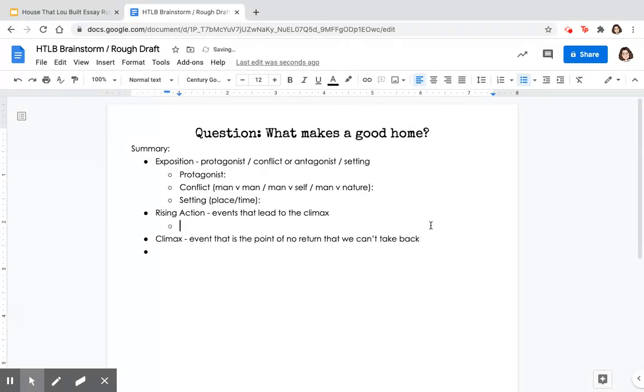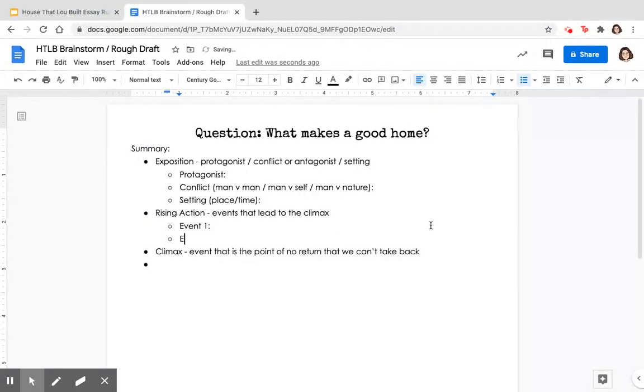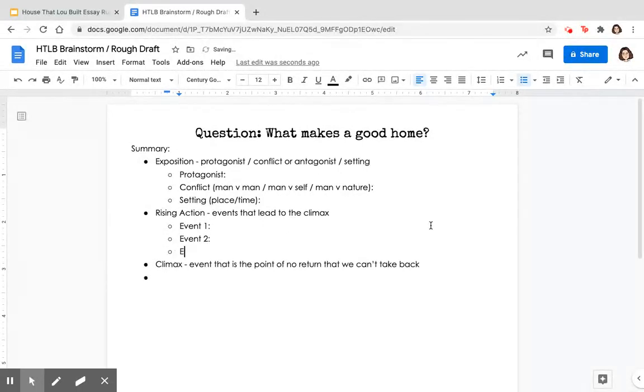When you think of the rising action, however, it would be different events that lead up to it. Try to think of at least 4 events or at least 3 events that lead up to your climax.